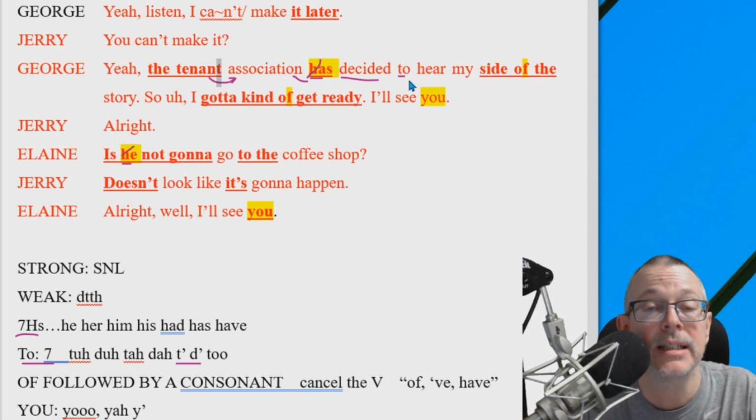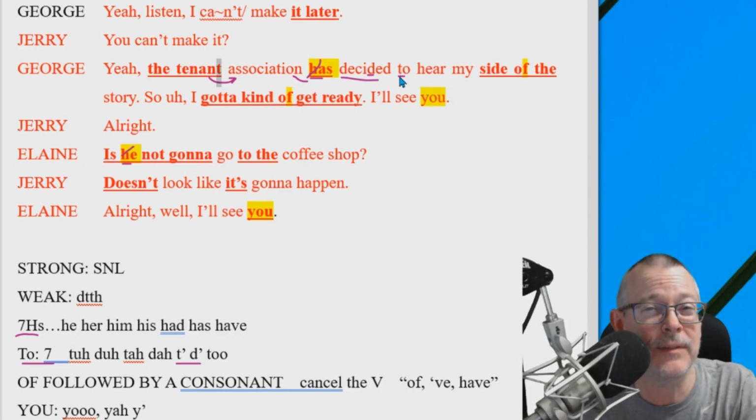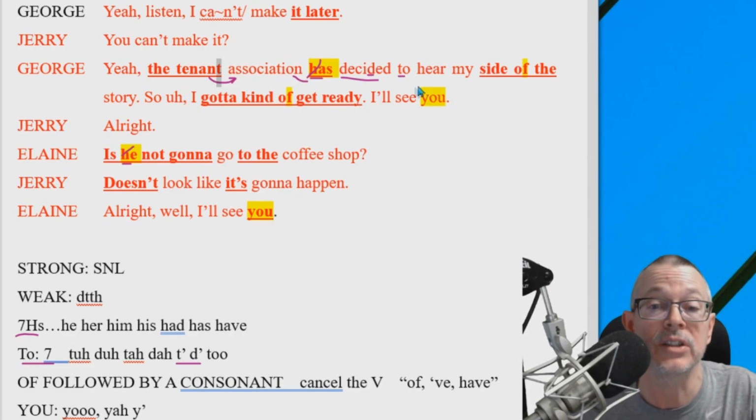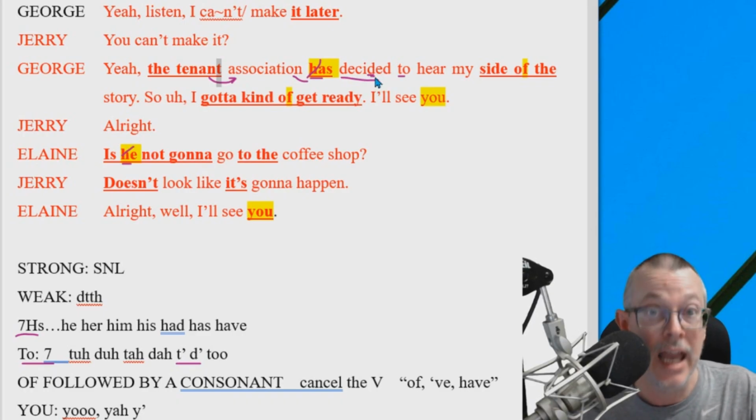"Decide to hear," "decide to hear." Both are fine. So typically, if it's an aspirated sound, we're going to keep the T. If it's a vibrated sound, we're going to keep the D, but not always. So again, this is a D, and you will hear both "decide to." Here, it's past tense, so "decided to," "decided" d. You're going to hear both, d and t.